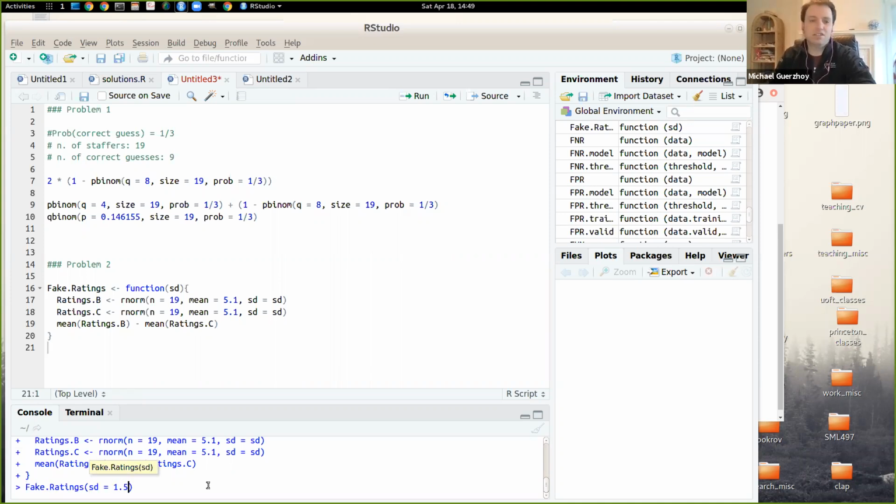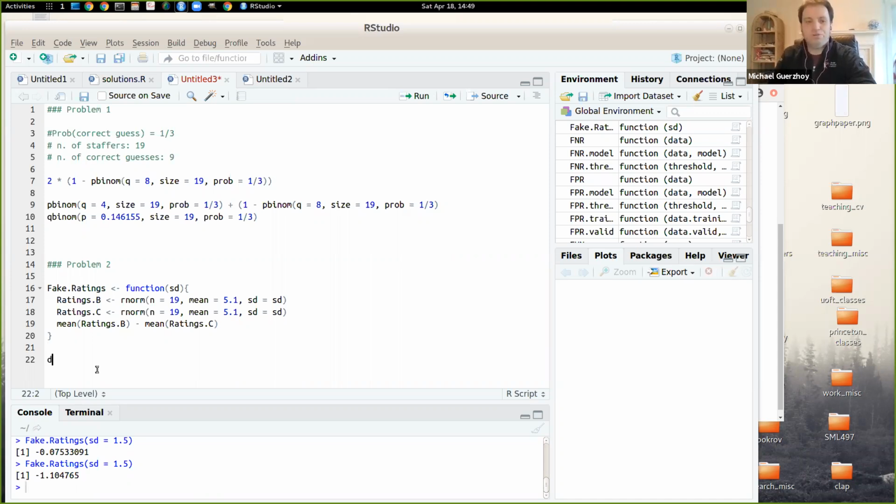That's what we decided on. We see that the difference is 0.8. Now we see the difference is minus 0.7. And so on. Just by looking at this, it seems like a difference of 0.6 for 19 raters is not really indicative of there necessarily being a genuine difference between the ratings.